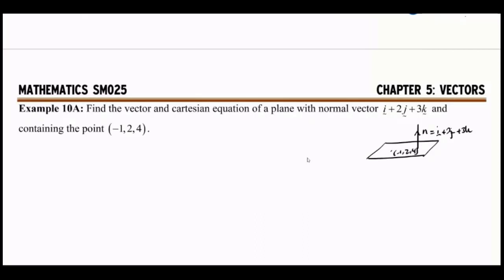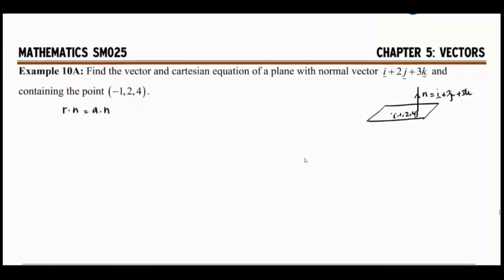So directly we can substitute into the vector equation. So your R will be maintained as R. So R is X, Y, Z. We maintain R. So N we know is I plus 2J plus 3K. And then A is negative 1, 2, 4. Since it asks for the vector equation, this must be in terms of IJK.